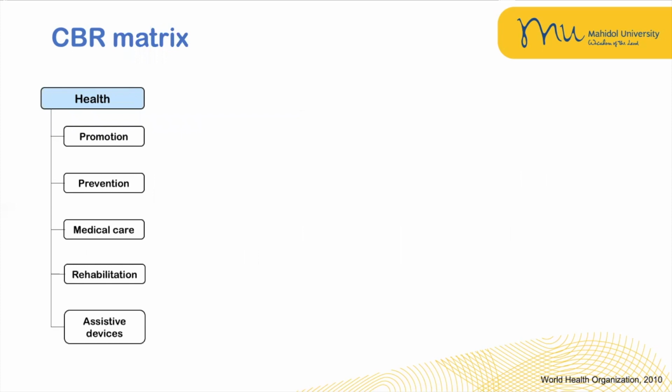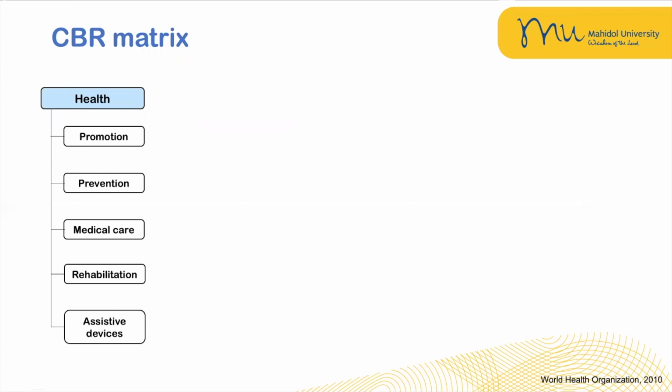In the CBR matrix, I know that you all already work and learn about the health box, which contains promotion, prevention, medical care, rehabilitation, and assistive device.